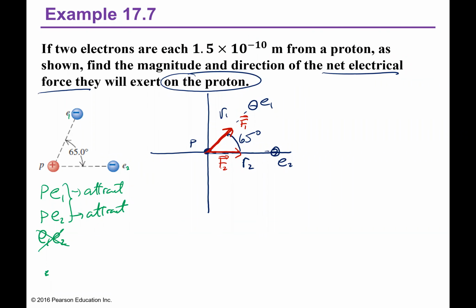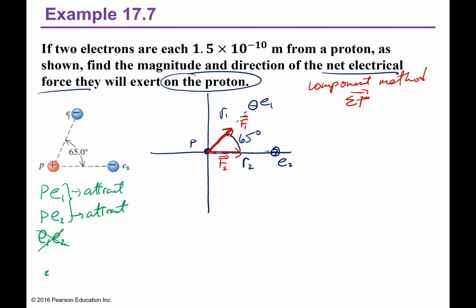And you can see F2 is a one-dimensional force on the x-axis, but F1 is a two-dimensional force. That means we have to use what we call the component method to calculate the net force.